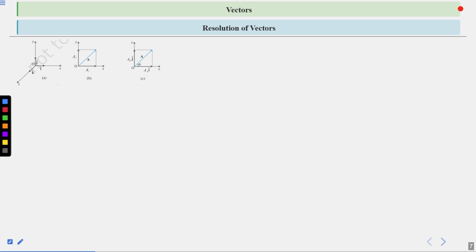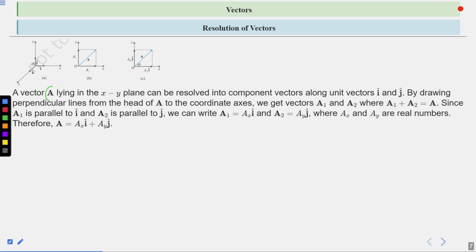So take a vector A lying in the xy plane, as shown in the diagram. We have a vector A in the xy plane, with x-axis and y-axis, which can be resolved into component vectors along i cap and j cap. By drawing perpendicular lines from the head of A to the coordinate axes, we get A1 and A2.